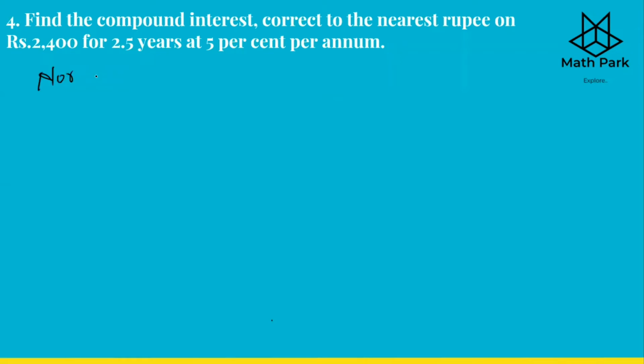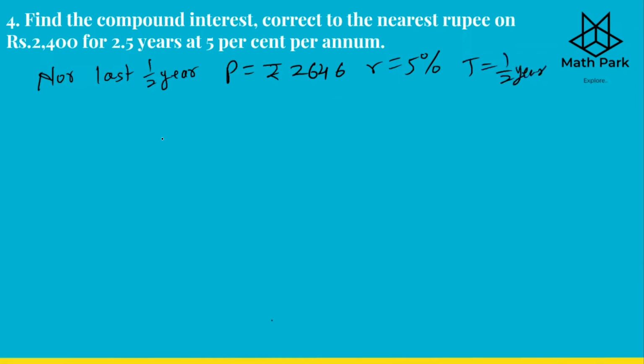For the last half year, which is left, the amount at the end of second year becomes the principal. Rupees 2,646. The rate of interest is 5% per annum. The time is here half year. Okay. So we find the interest now.